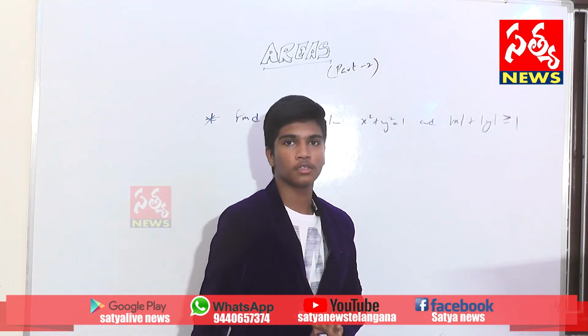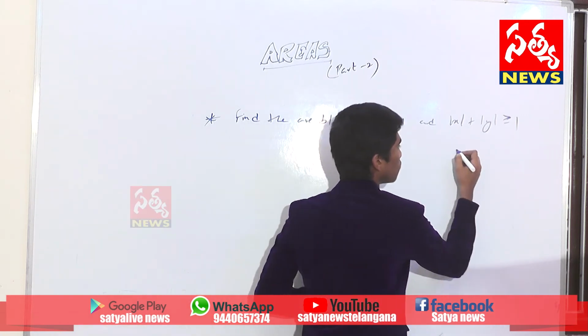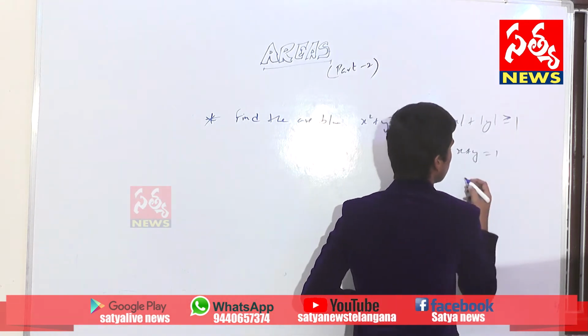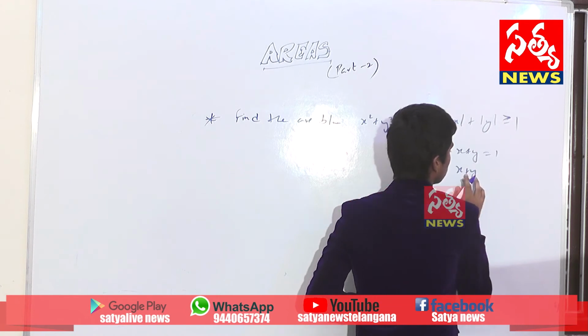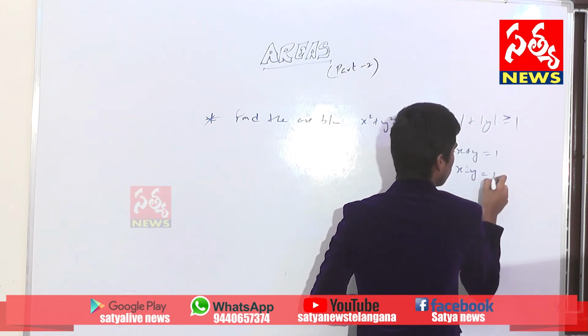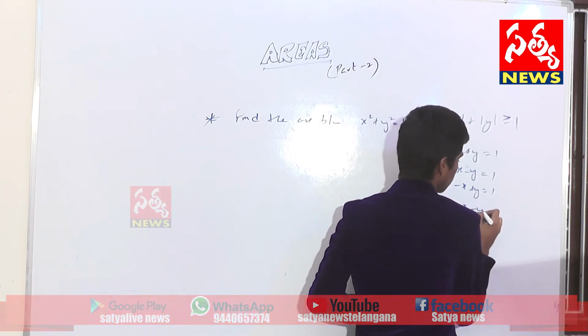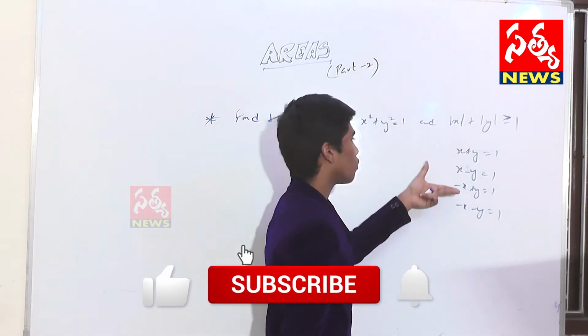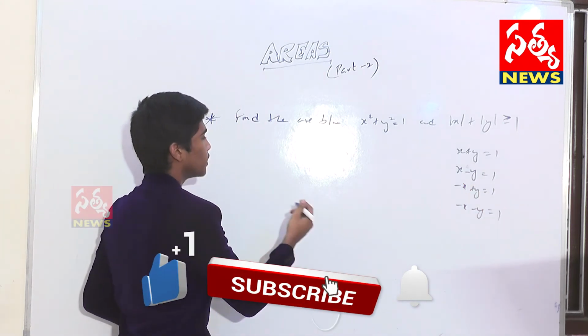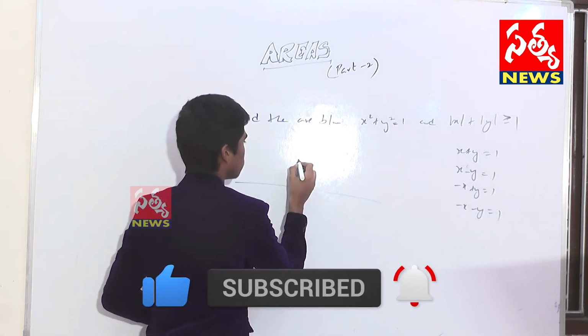Here exist 4 lines. One is x plus y equals 1, x minus y equals 1, minus x plus y equals 1, the last is minus x minus y equals 1. These are the 4 lines, and let's see it graphically.